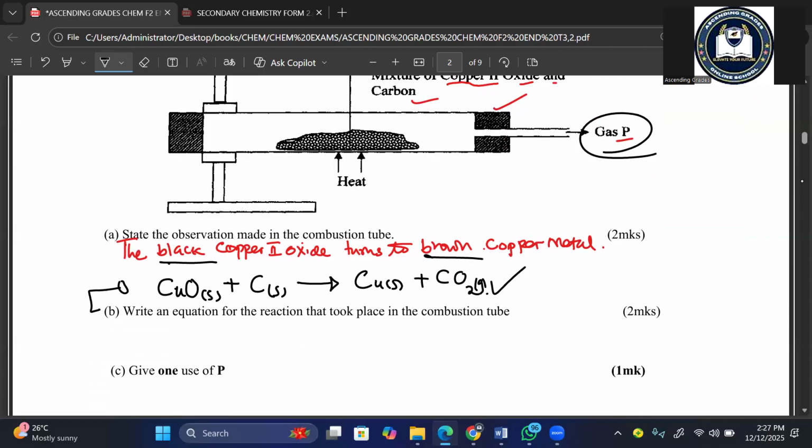So now give one use of P. So this is the use of carbon 4 oxide.